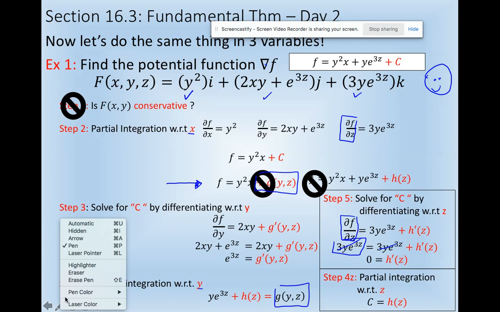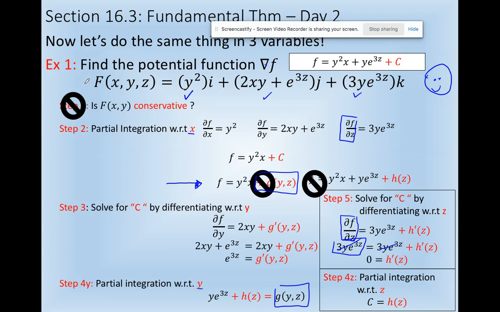So this whole process is so that if you are asked to take capital F and do a line integral, you are going to replace capital F with the gradient of f, because you're conservative. Remember, I'm telling you this is conservative.